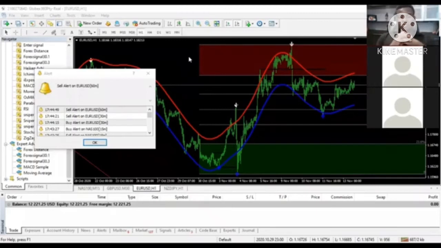So now let's go into looking into buy positions. In terms of buy positions, ladies and gentlemen, you're going to need three things in order for you to buy.